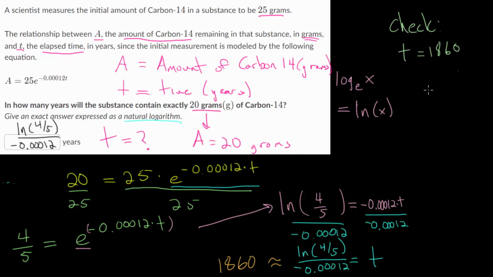So we plug this into our equation: A is 25 multiplied by e to the minus 0.00012 multiplied by 1860. If we plug this into our calculator, we get roughly 19.99888, and we can round it there. This is very close to 20, so we can feel confident that this is the correct t value.